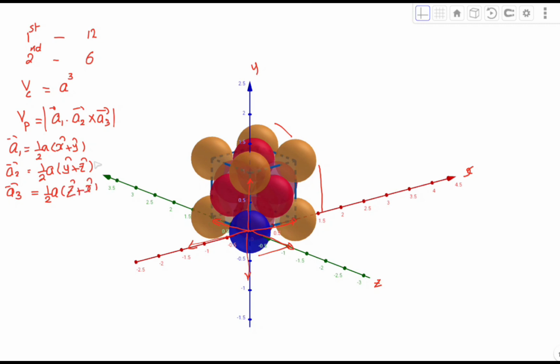Now you substitute this back in this formula, you will find the volume of the primitive cell in the FCC structure is equal to A cube over 4.